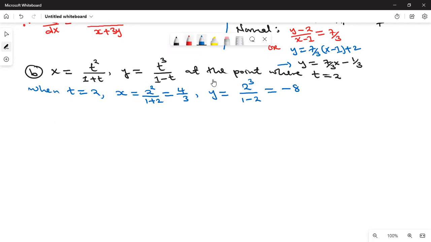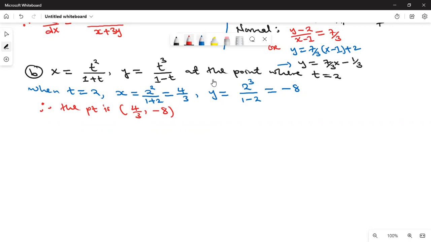So therefore the point is, the x coordinate is 4 over 3, the y coordinate is negative 8. That is the point where we need to find the equations of the tangent and normal lines. That is the point of contact between the tangent and the curve. Of course, it lies on that curve.